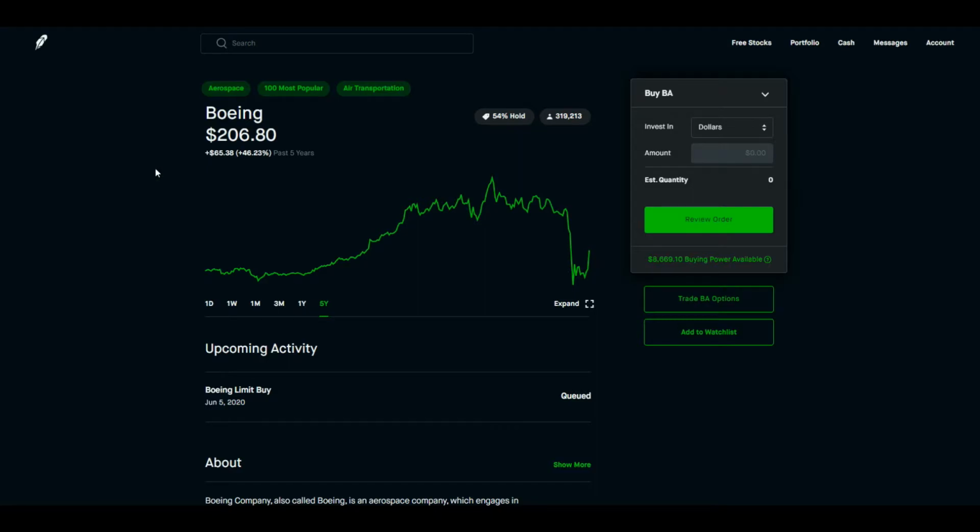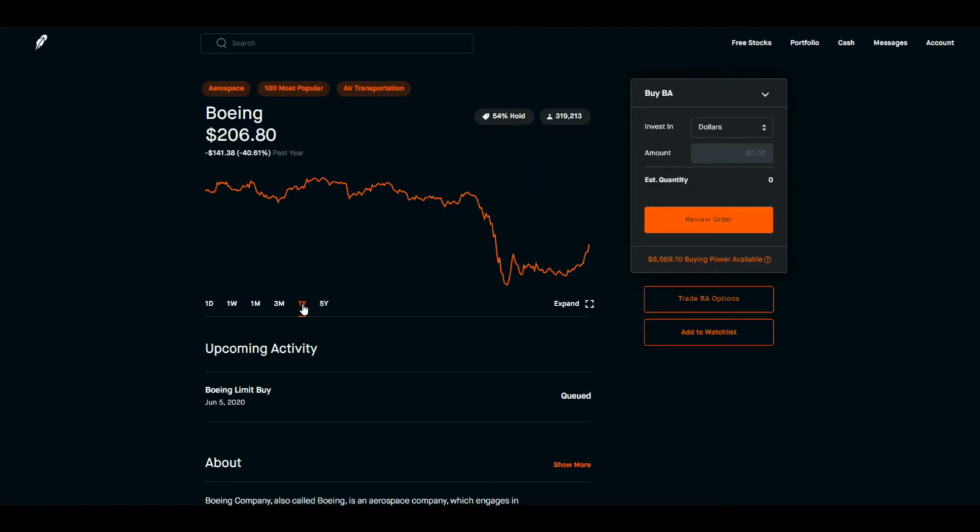All right, so let's head over to Robinhood and I'll show you a real life example. Let's go check out stock Boeing for our put strategy, ticker symbol BA. So Boeing has had one heck of a year starting back in May of 2019, where its 737 Max crash happens, and pretty much the price had been dropping ever since then, and now all of a sudden, boom, we're right back up.